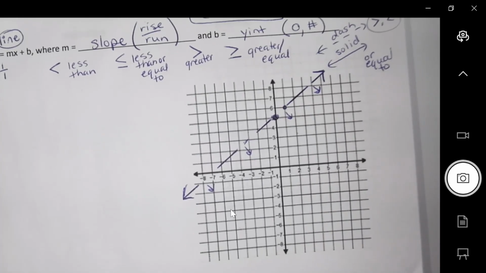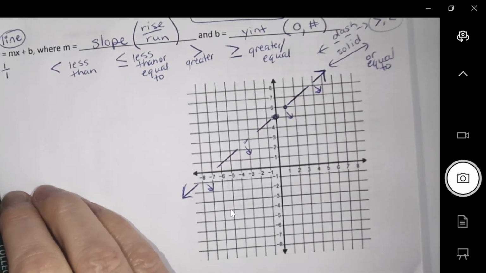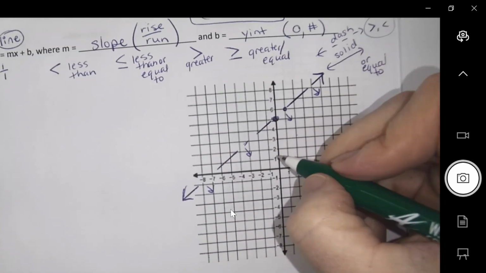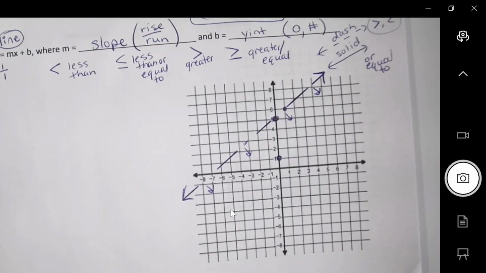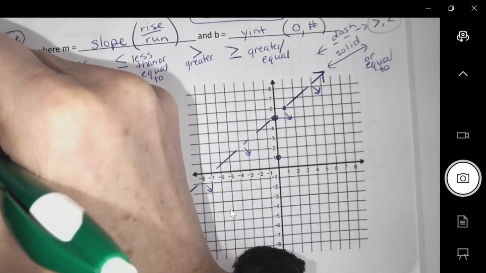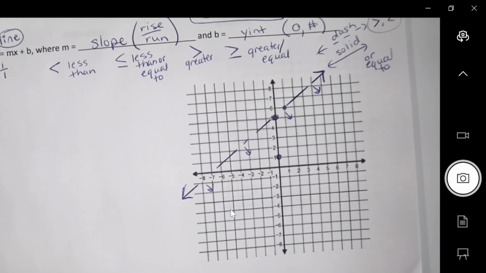Okay. Now we're ready for line 2. The y-intercept is 1. The slope is -2, but when we talk about slope, it has to have a rise and a run.